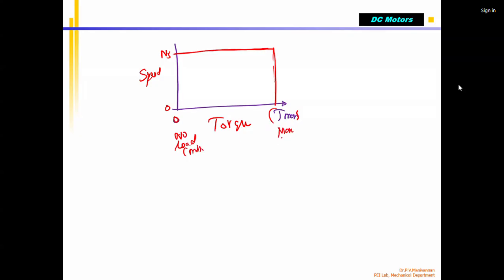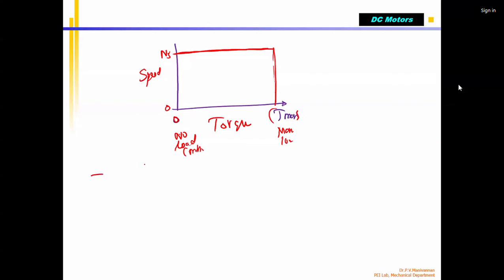Up to that maximum load, the speed will remain constant, even as you put more load, because the torque will be generated by the motor. Once the torque reaches T max, if you try to load more, the motor will stall and the speed will become 0. That's what this represents. Okay.